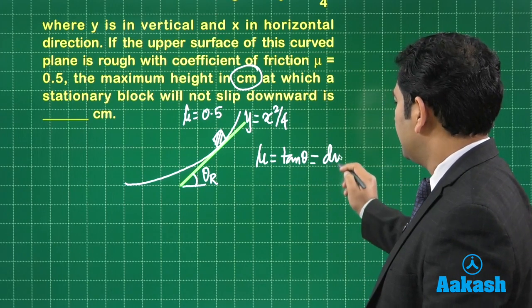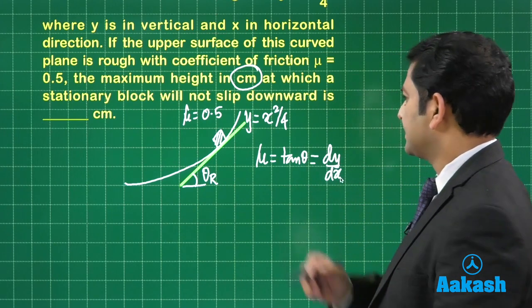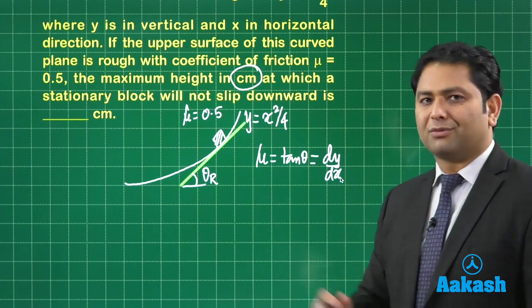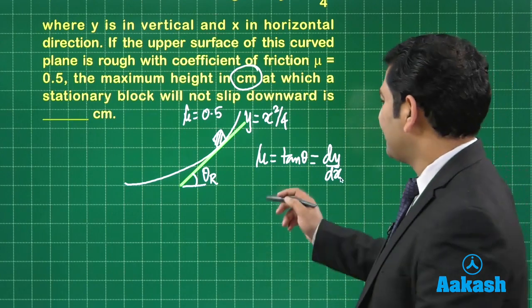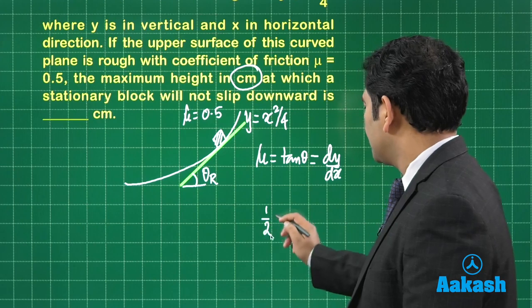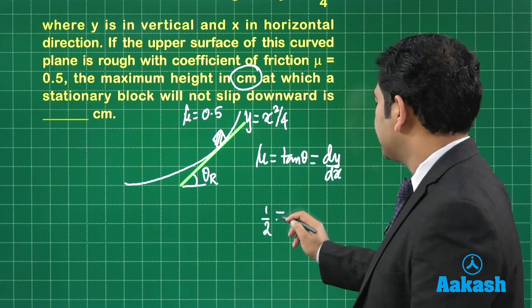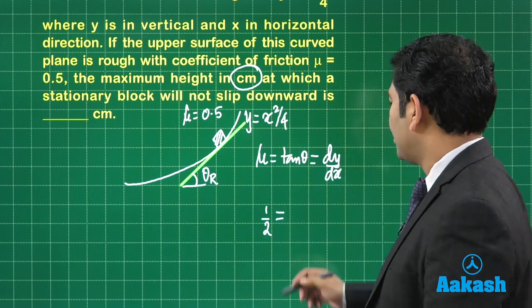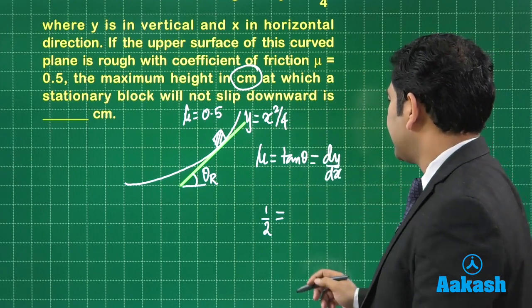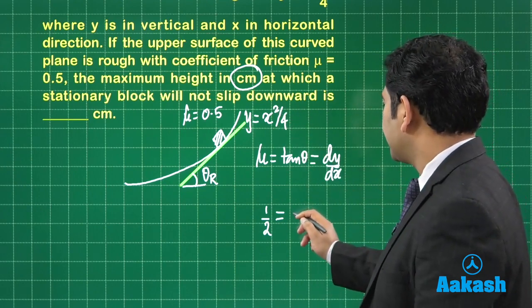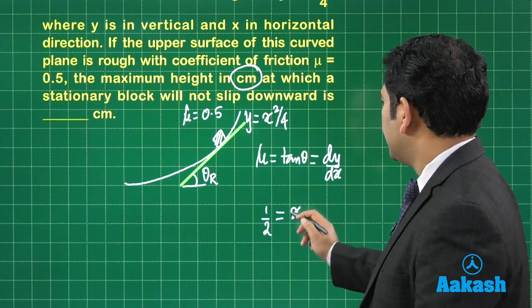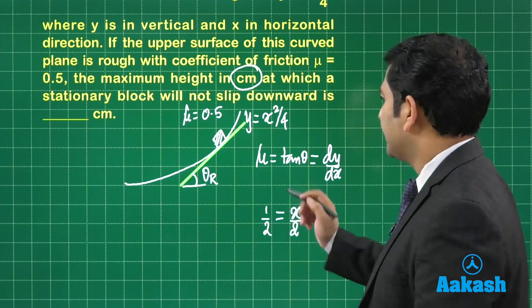Tan theta is dy by dx. Does that make sense? Straightforward we are going. Now, what is the value of mu? That is 1 by 2. dy by dx, well, that's 2x by 4. So 2 and 4 get cancelled, and that comes out to be x by 2. You get that point?